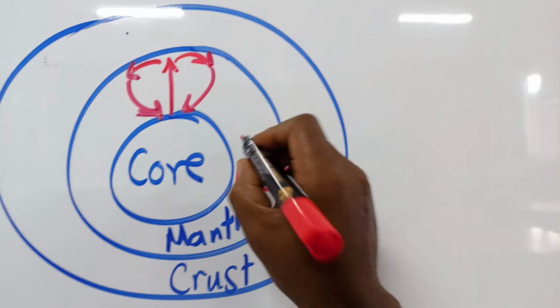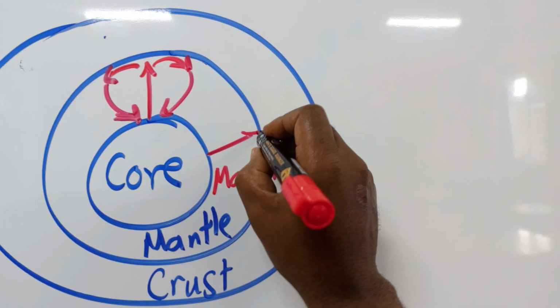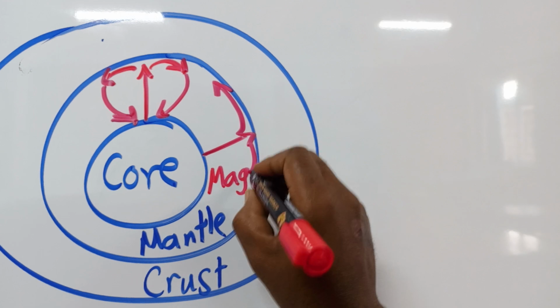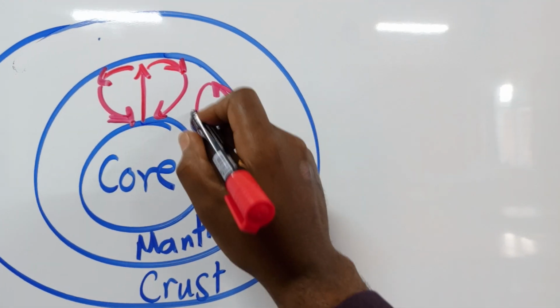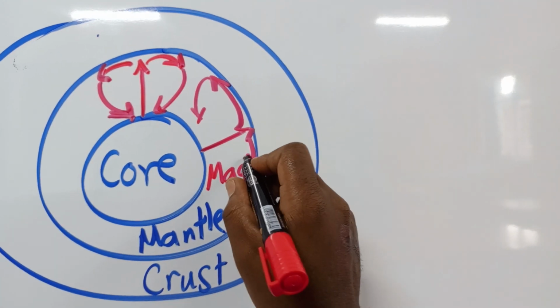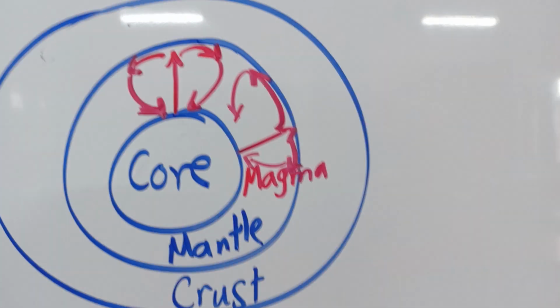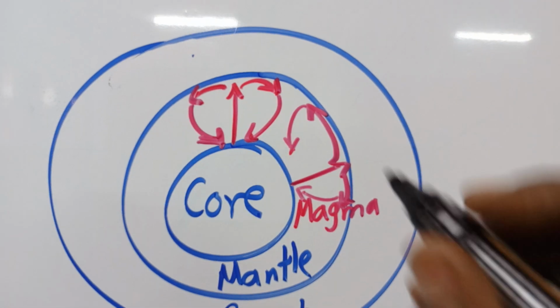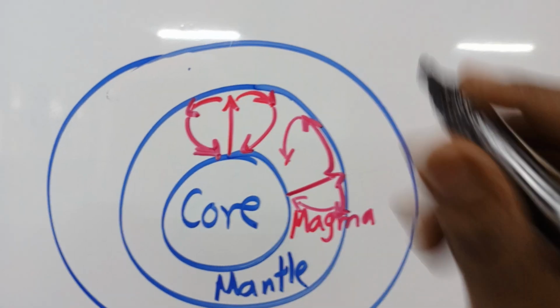What is happening here is also happening here. So diverge, descend, and descend. From this movement, two forces are created.